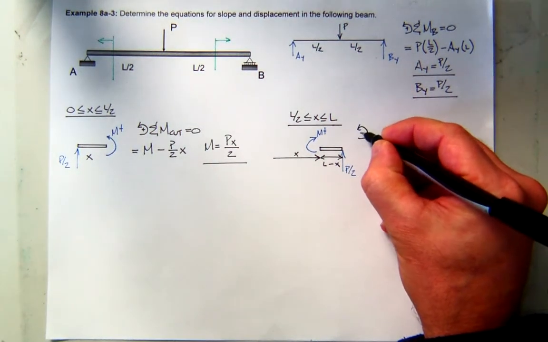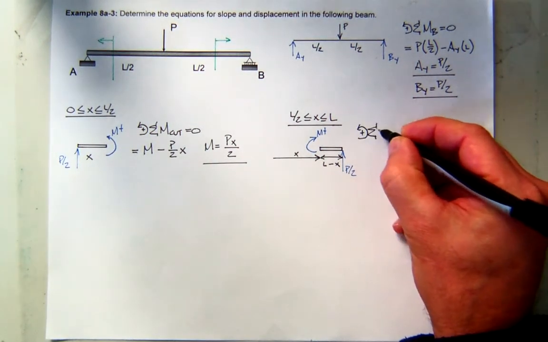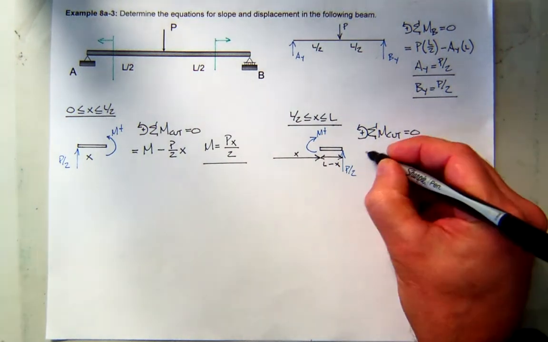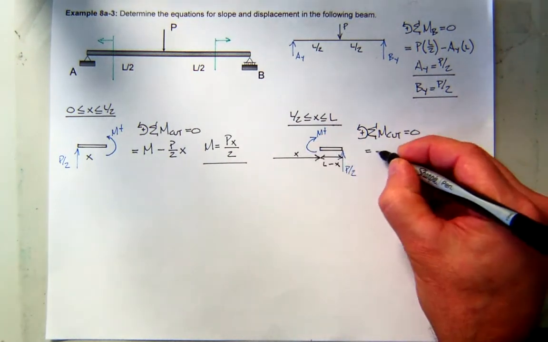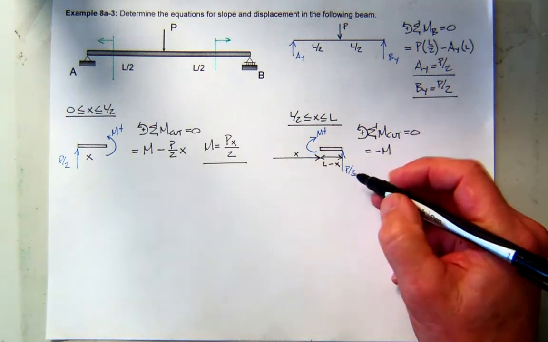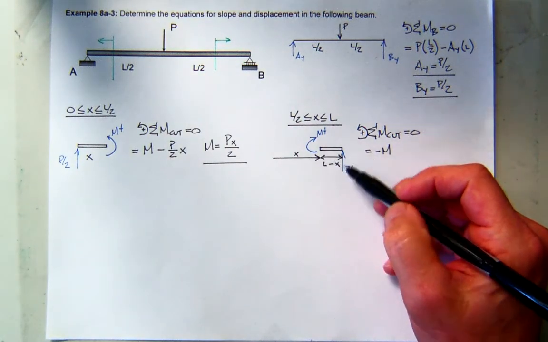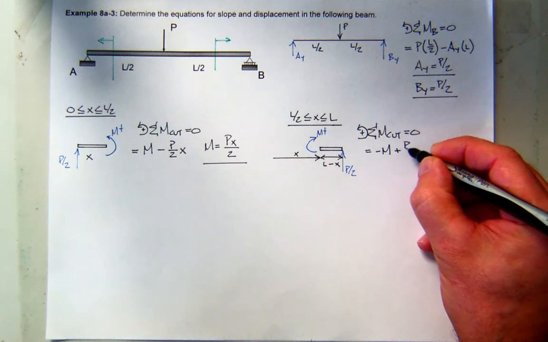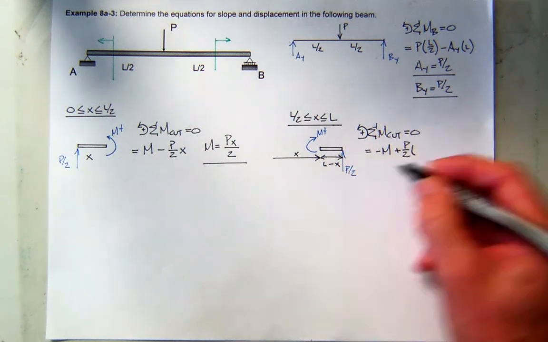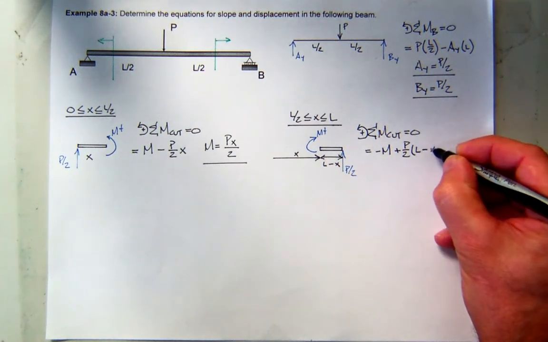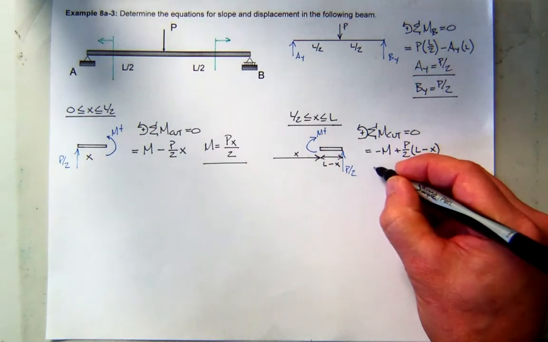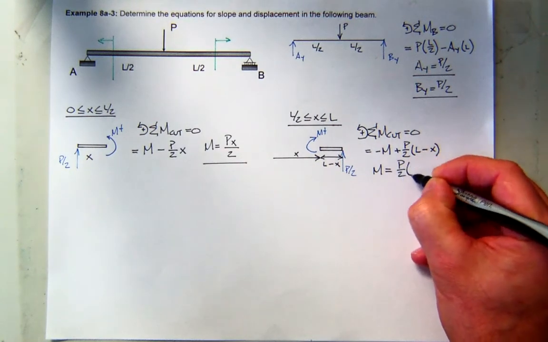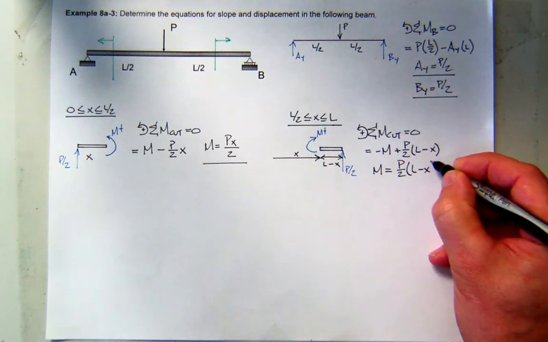So again, I'll sum moments at the cut, make sure it's 0, and when I do that, my internal moment here is negative. The moment about the cut from the reaction load is positive. It has a force of P over 2 and a moment arm of L minus x. So it looks like the moment here is going to be P over 2 times L minus x.